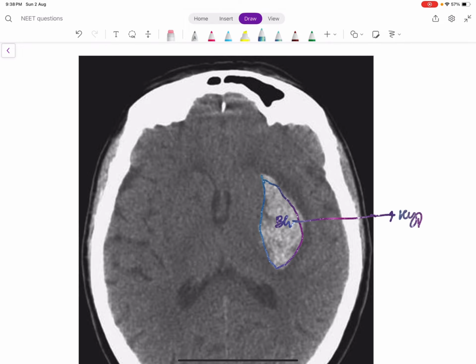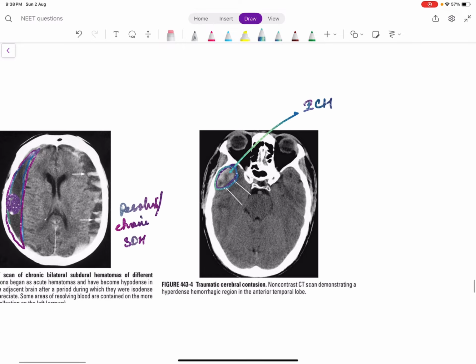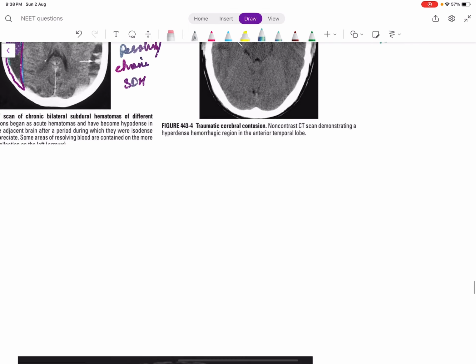It is occurring in the mid part of the brain, right? But this bleeding is occurring outside in a different place. So this is usually trauma. Maybe the impact would have occurred here. So this is traumatic intracerebral hemorrhage. Traumatic intracerebral hemorrhage is also called contusion. So these images are very important.